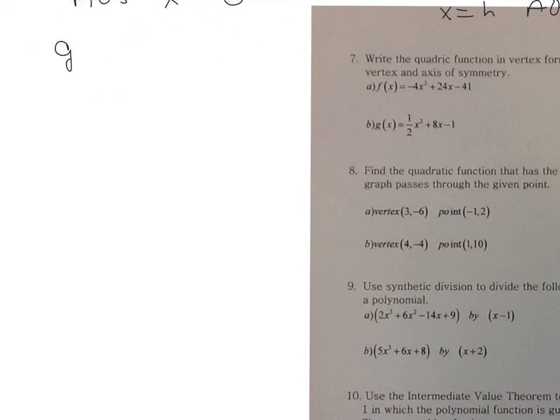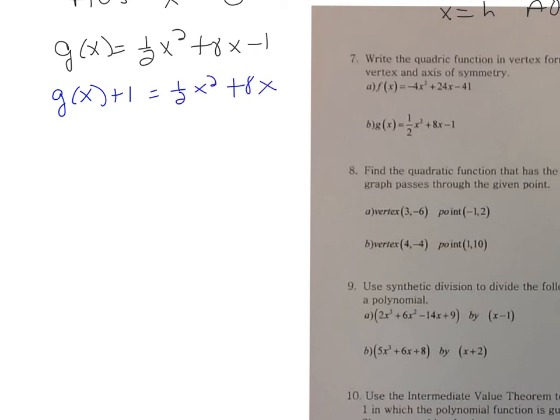All right, so that is g of x is equal to 1/2 x squared plus 8x minus 1. So I'm going to add 1 to both sides, so I get g of x plus 1 is equal to 1/2 x squared plus 8x. So to get rid of the half, we have to multiply everything by 2. So I get 2g of x plus 2 is equal to x squared plus 16x.